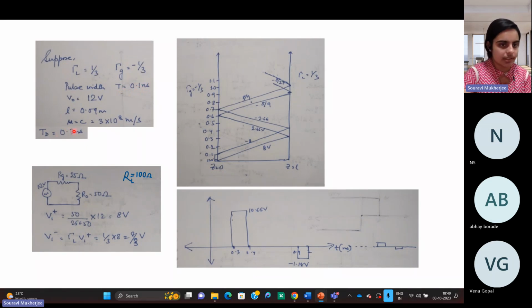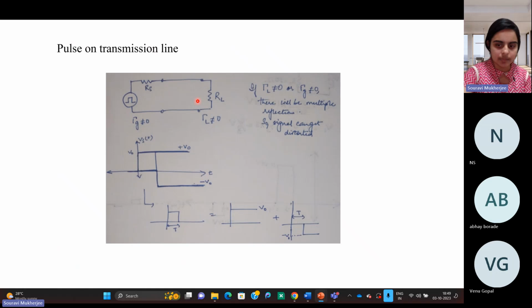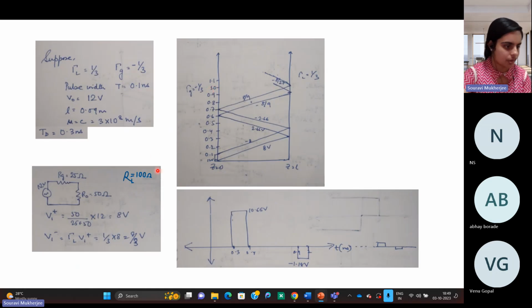Now, given these facts, it's said that RL, your load resistance at this end, is 100 ohms, suppose. Based on this RL value and your reflection coefficient value, you know gamma L, right? It's RL minus R naught by RL plus R naught.